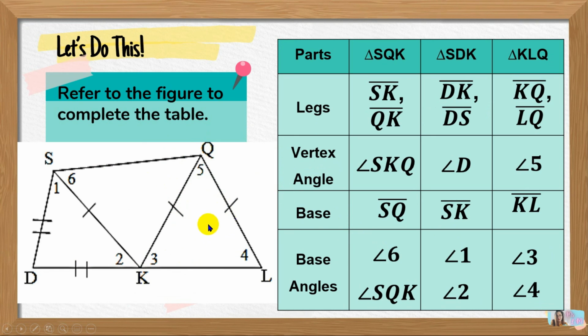Remember the parts of our isosceles triangle. We have the legs. These are the two congruent sides of the triangle. Then, we have the vertex angle. The vertex angle is the included angle between these two legs. Then, we have the base. Base is the side opposite the vertex angle. Then, the base angles are the angles that are included between the legs and the base.